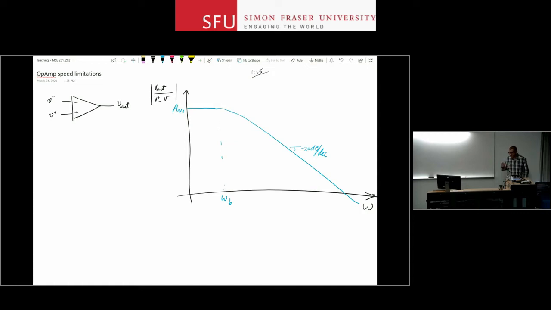Each transistor has at least 3 parasitic capacitors. So you can imagine how many poles and zeros you will have in that circuit. But by design and through some frequency compensation techniques, they make the circuit behave like this when you look at it from outside. So it behaves like a single pole system.